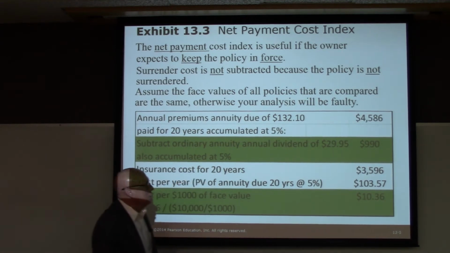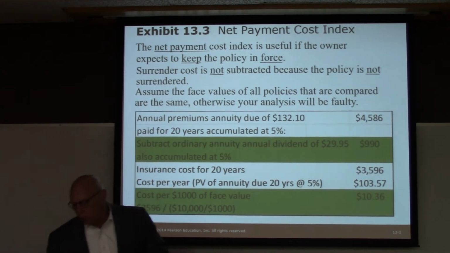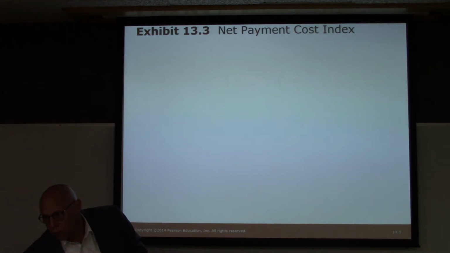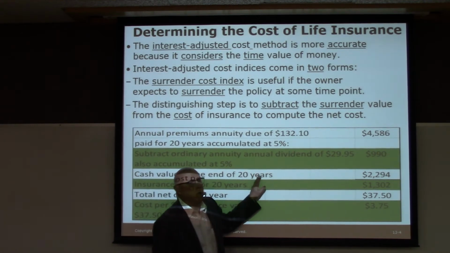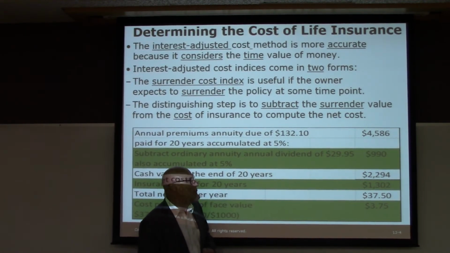Okay? Now, of the three methods that we've talked about in the last couple of minutes, I prefer the surrender cost method, right here, because at the end of the 20 years, you're probably going to surrender the cash value of your policy.